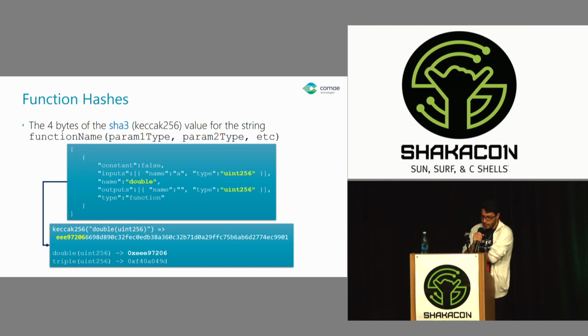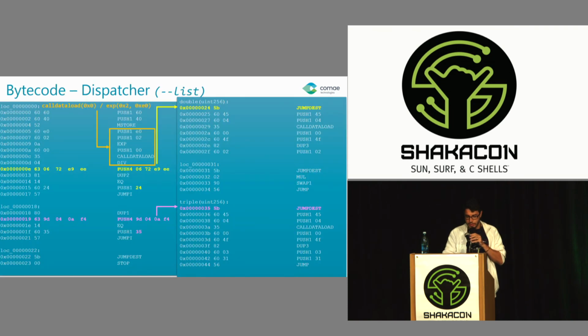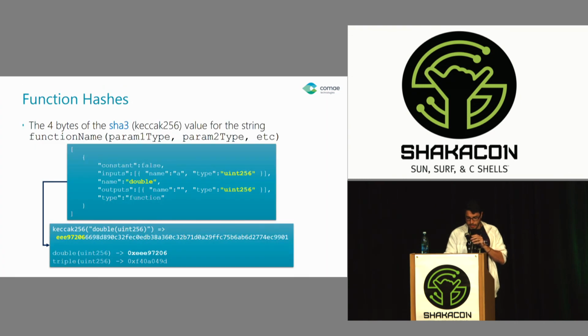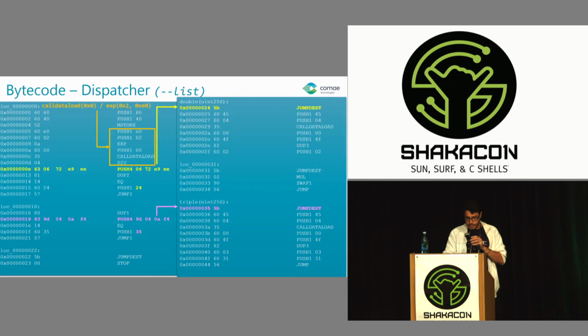So in that case of double, for instance, let's say it takes only one parameter. In the second box, we would see it extract the first 4 bytes of that hash, and that would be the actual hash that we would see in the previous screen. Here we see it's EE E9, and here in yellow we see it's basically EE E9 in backwards.